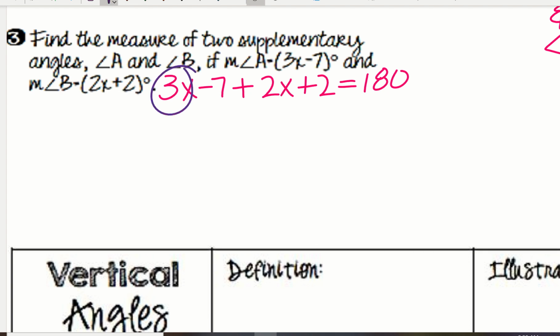So my first step is combine like terms. So I'm going to give you a second to do that, and then I'll ask somebody to tell me what they got for that. Okay, so Brenna, what'd you get when you just combined like terms? 5x minus 5.